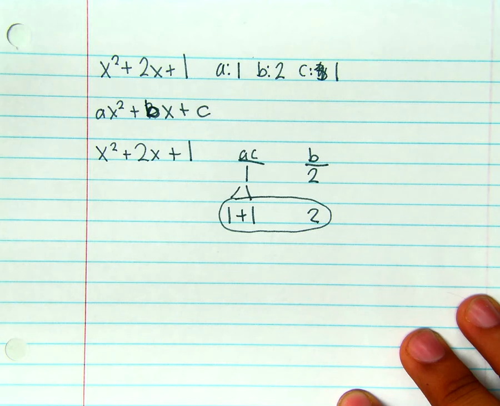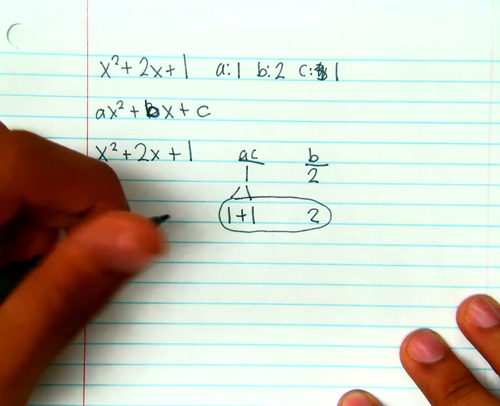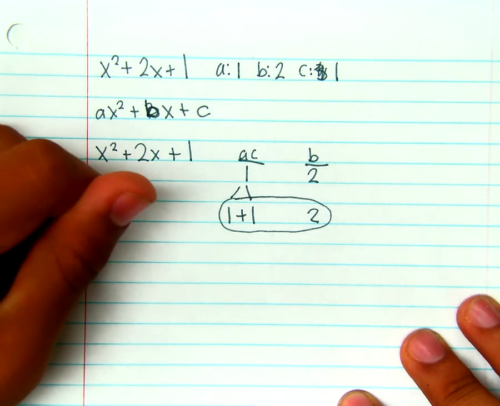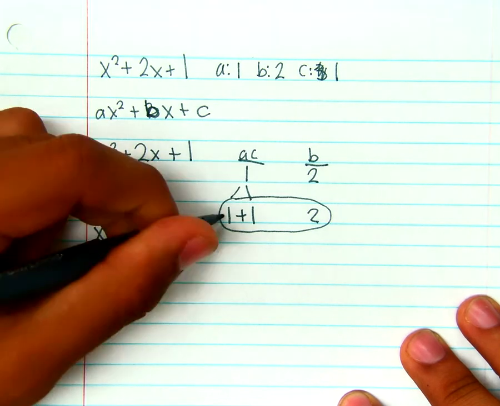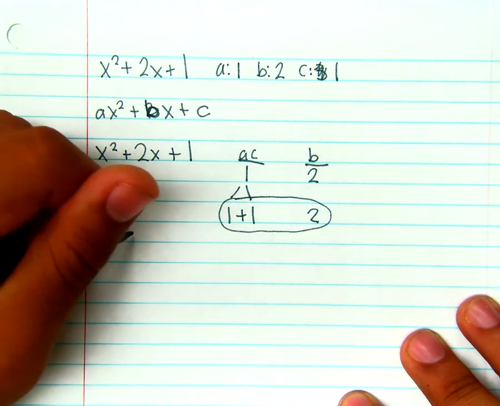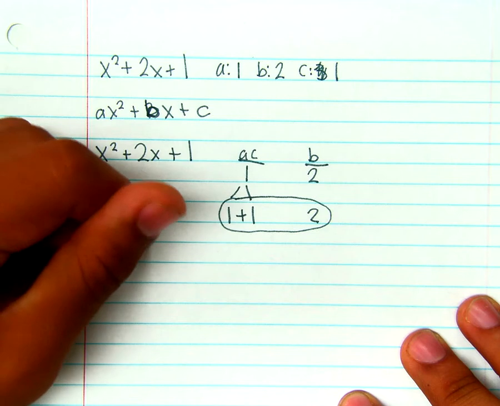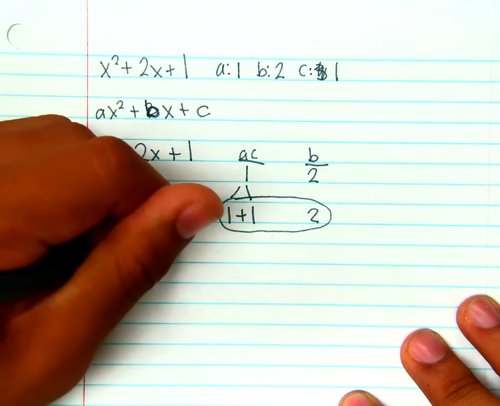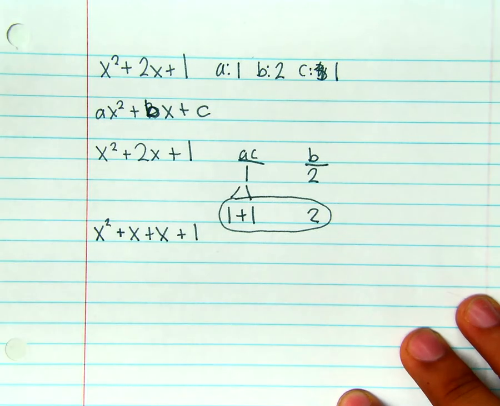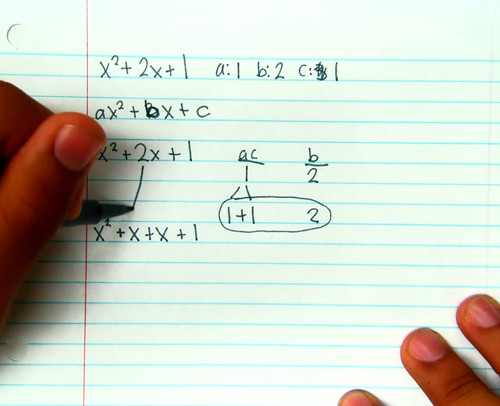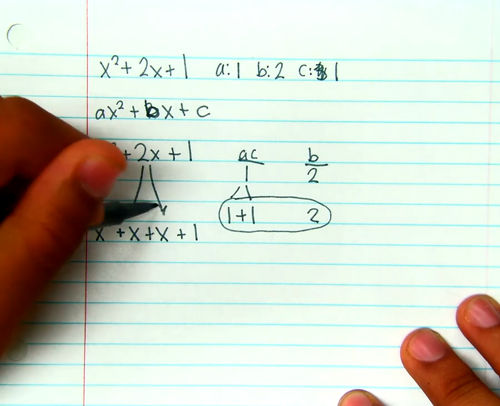Now, once we found a pair of factors, we're then going to split that middle term into the factors we found. So 1 plus 1, that 2x is now going to become x plus x. Everything else stays the same. So this 2x split into the 2 factors we found.